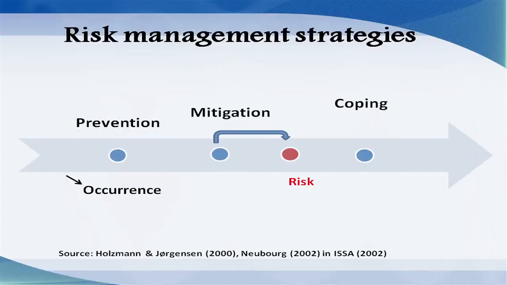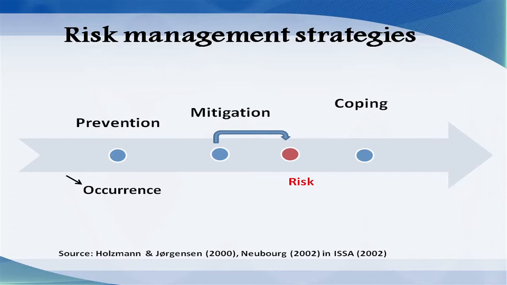And we have then three major risk management strategies, which occur at different times. So prevention. Prevention is preventing the risk from occurring. So before the risk occurs, you will try to prevent it from occurring. It differs from mitigation, because in mitigation, you're not trying to prevent the risk from occurring, you're trying to decrease the potential impact of this risk.